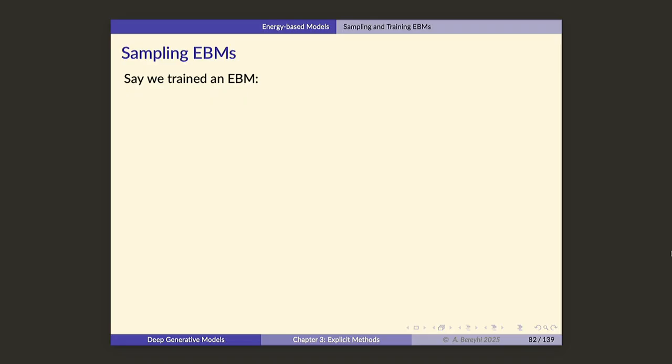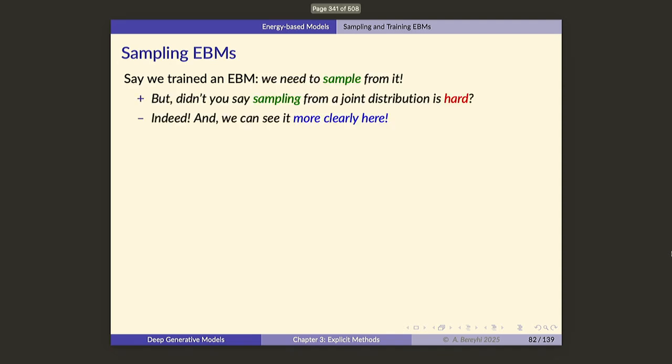Now, say I want to sample from this model, what should I do? Essentially, I need to get this Boltzmann expression, right? So I have the energy model being trained, and then I put it in the Boltzmann formula, and I can compute the distribution, right? We talked in section 1 about this, that sampling a known distribution when it's very high dimensional is a very hard task. So I do know this, but for the moment, assume that we can do it.